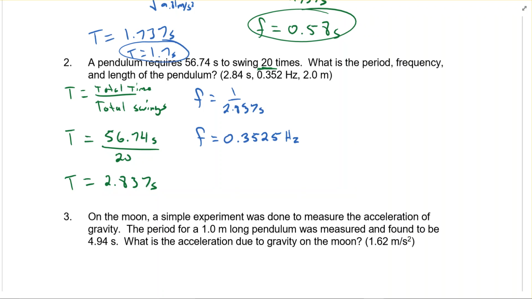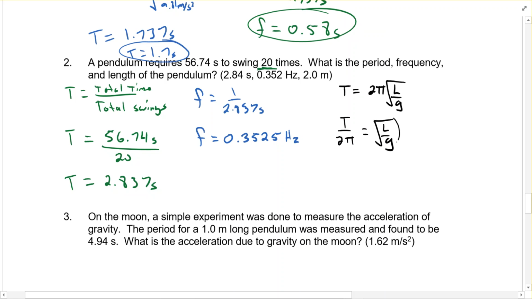All right, now the last one, a little bit tougher. We need to figure out what the length of the pendulum is. So we're going to start off with our formula. T is equal to 2 pi square root of L over G. And I have to find L. Okay, so I'm going to divide both sides by 2 pi. So T over 2 pi is equal to the square root of L over G. I'm going to square both sides.